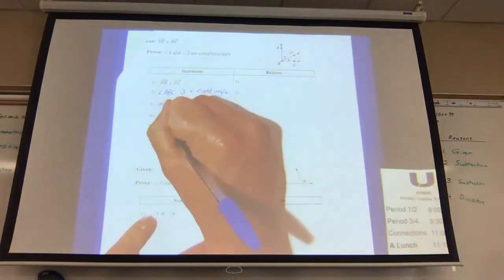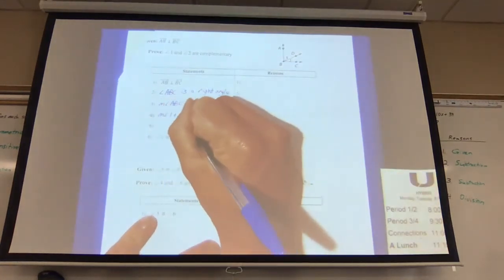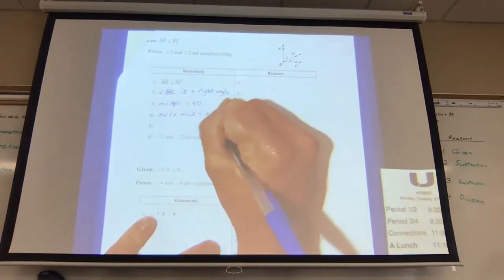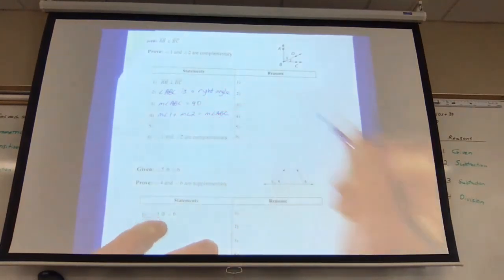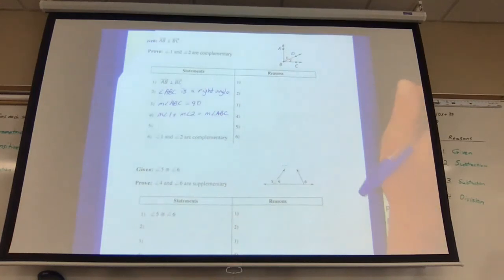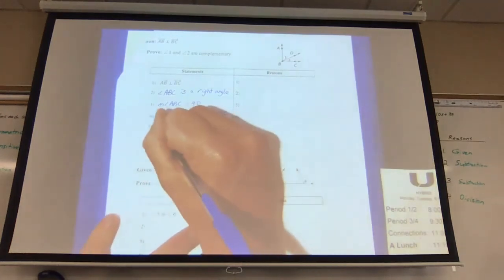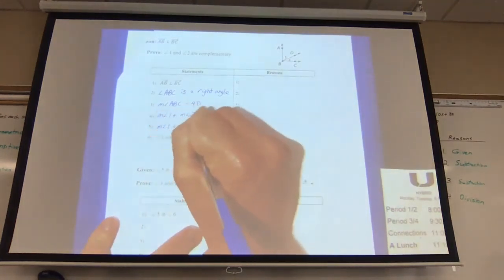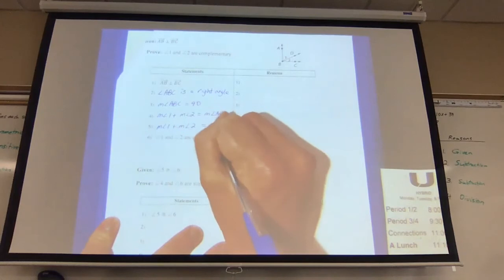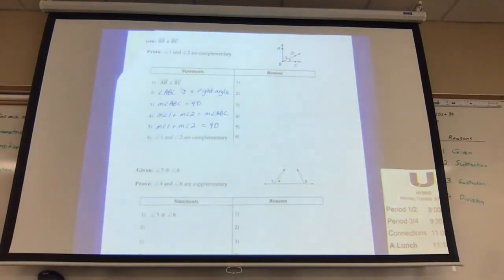Step 4, we're going to have angle 1 plus angle 2 equals angle ABC. And then for step 5, angle 1 plus angle 2 is going to equal 90. And that one we'll have you finish off on your own. You're just going to fill in the missing reasons over here on the right.